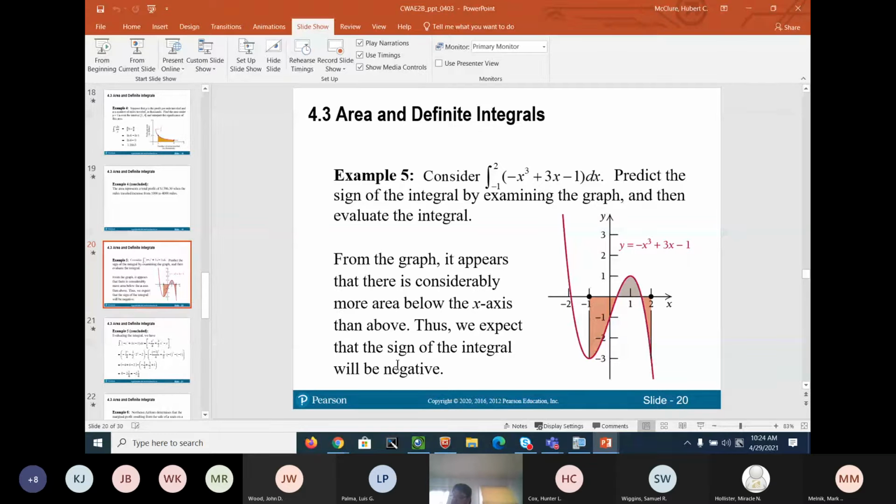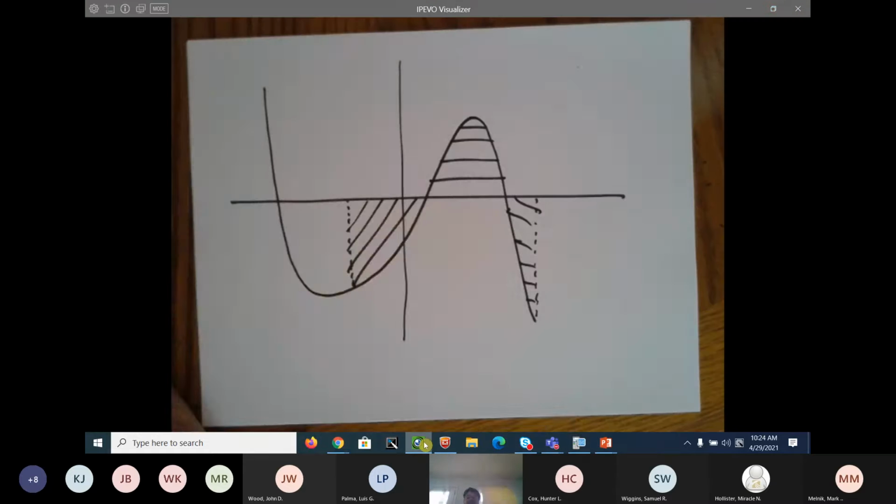And you got this area right here, and this area right here, and this area right here.